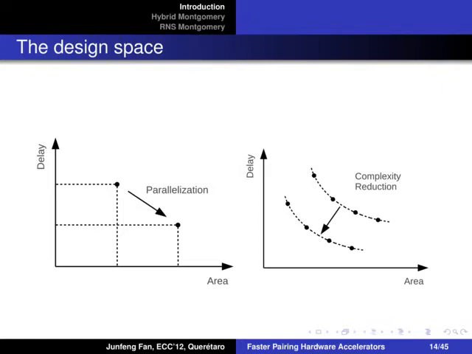You try to reduce the delay at the cost of larger area. Complexity reduction means that you reduce the number of computations, and so you can move your curve towards the corner. That's of course very nice because you have less area and lower latency.